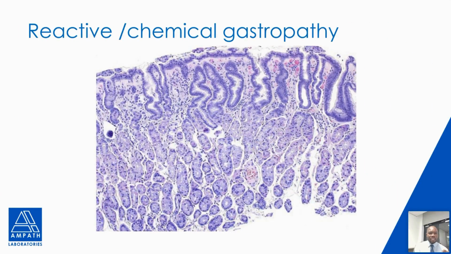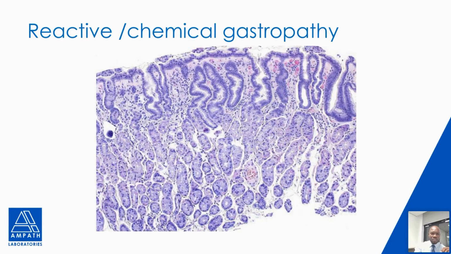With reactive or chemical gastropathy, one of the findings is the loss of the surface mucin. The foveolar glands tend to have this corkscrew appearance, as you can see there. There is minimal inflammation in the background.